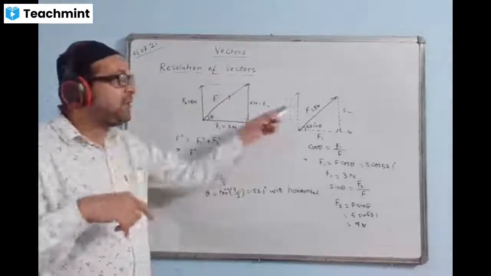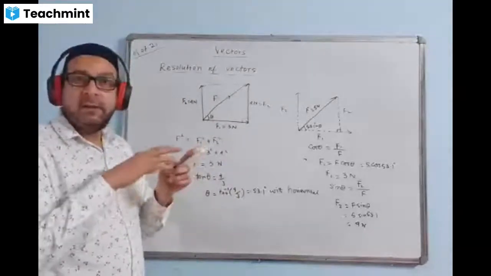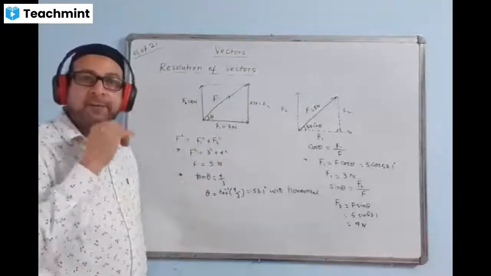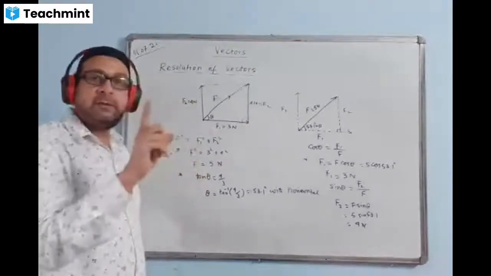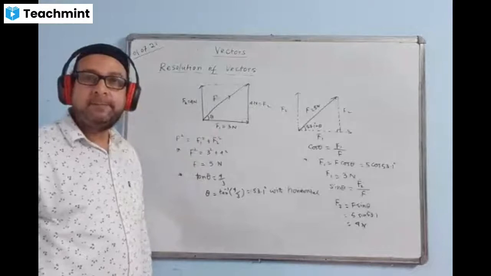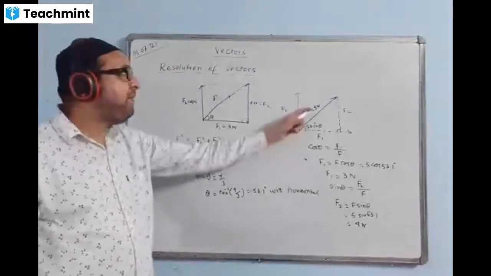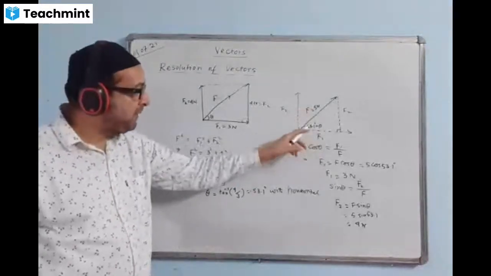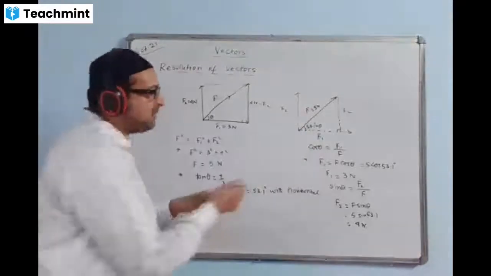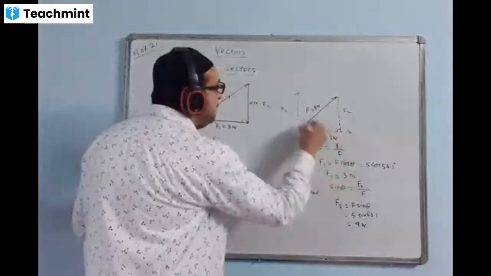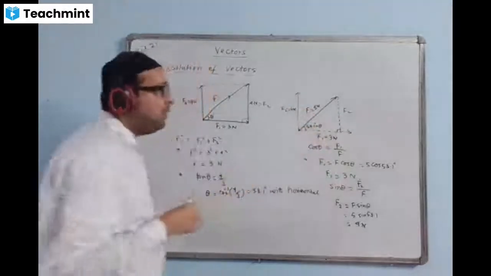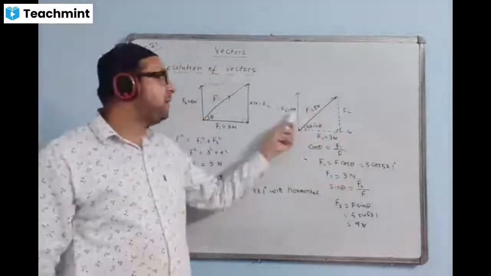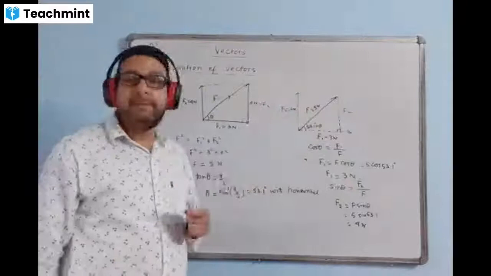And if we know the direction of that vector, then we can easily find what are the values of those two vectors of which that particular single vector is made. Like 5 Newton is made up of, with angle is 53.1, so we have the answer coming 3 Newton here. This is 4 Newton. It must be made up of these two vectors. We know the two vectors of which this vector is made.